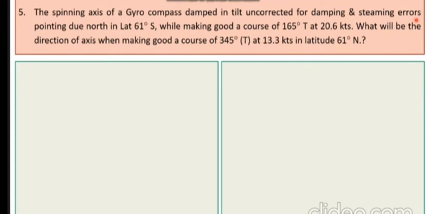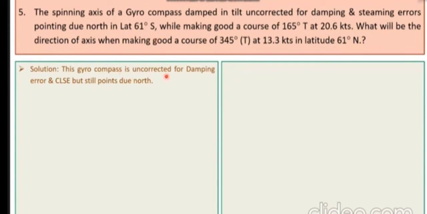But even an uncorrected compass is pointing due north in latitude 61 degrees south. Now, since the compass has these errors, the damping error and the steaming error, it should not have pointed due north. But even after having these errors, the compass is still pointing due north. So what could be the reason for it? Let's see.